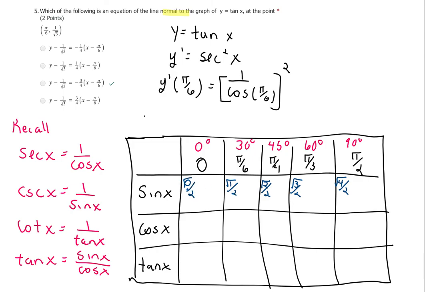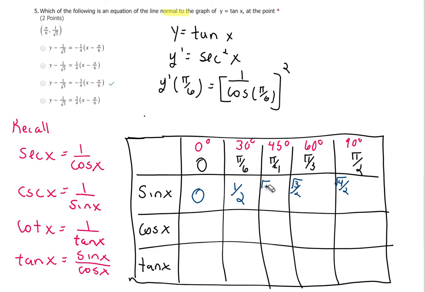And then we're going to simplify this down. So if I take the square root of 2 and divide by 2, well, that's going to be 0 divided by 2, which is just 0. And then square root of 1 divided by 2, well, the square root of 1 is 1, so that's just going to be 1 divided by 2. Square root of 2 over 2 does not simplify down.